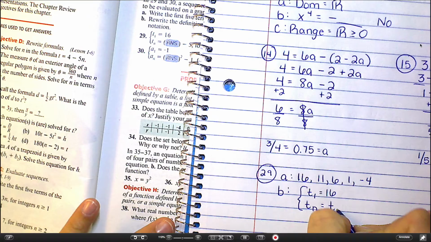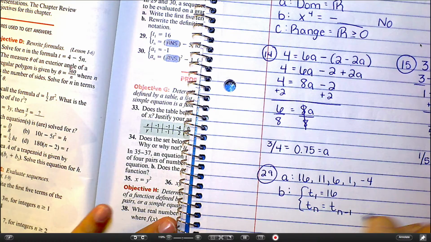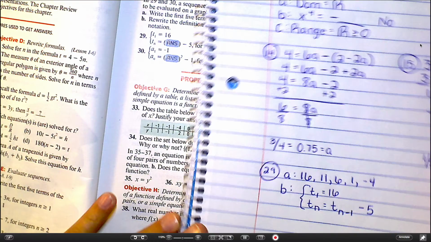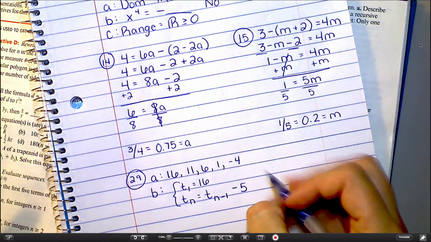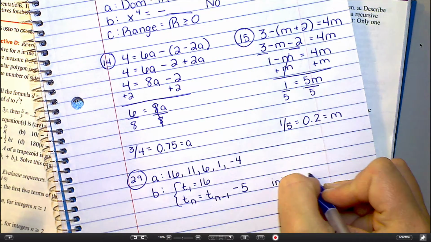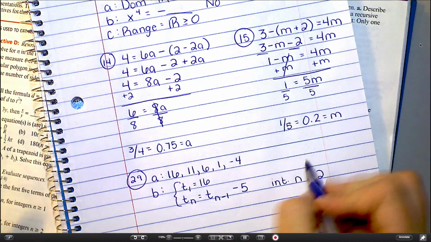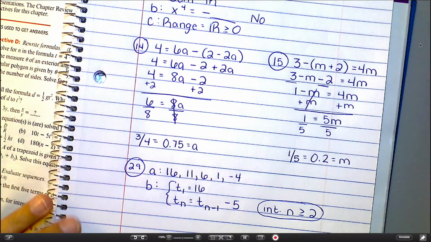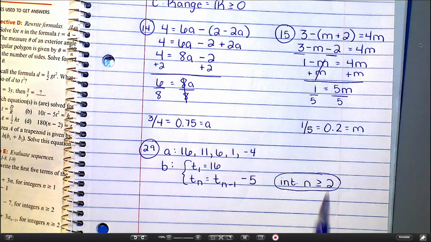It's T sub n minus 1. That means the same thing, right? T sub n minus 1 minus 5. And then I suppose I should say for integers greater than or equal to 2. Do you remember, by the way, though, that this does not really mean a whole lot to us? I mean, it's important mathematically, but what is that really saying?